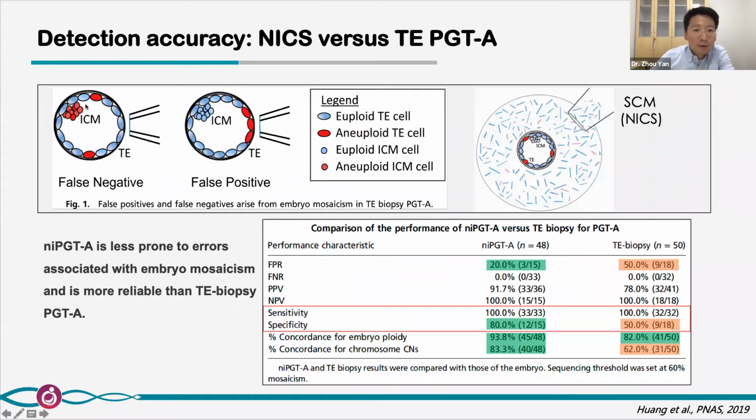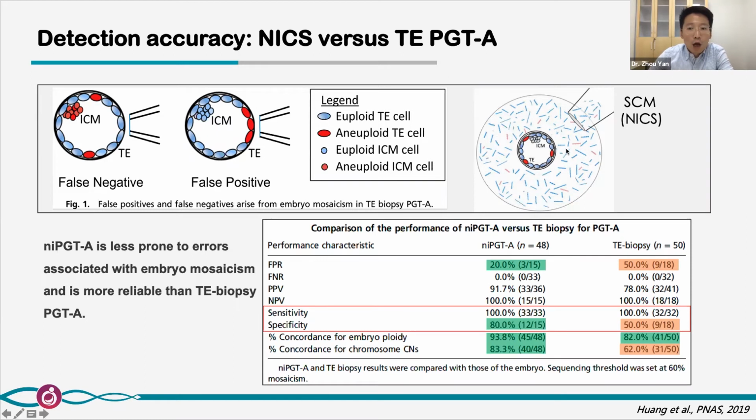A false negative result from TE is due to the cells being sampled actually being euploid while missing the aneuploid TE or ICM cells in the embryo, and vice versa: when the TE sampling, by chance, takes aneuploid cells while other parts of the embryo are actually euploid, then a false positive result may be yielded.